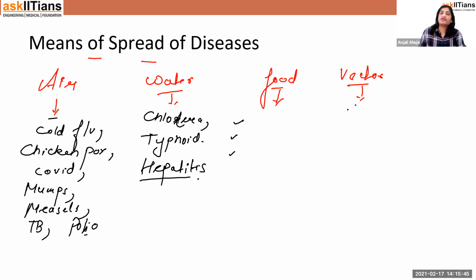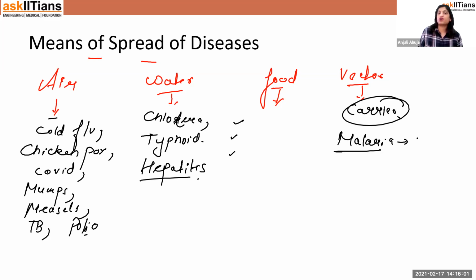Okay, so the vector is actually the carrier of the disease. A pathogen is present on something, and that something is infecting us. The very famous example, which we mentioned in the last class also, is malaria. It is caused by the Anopheles mosquito.